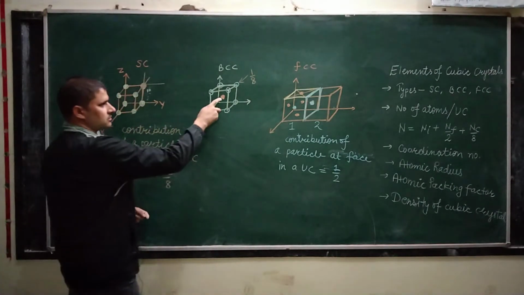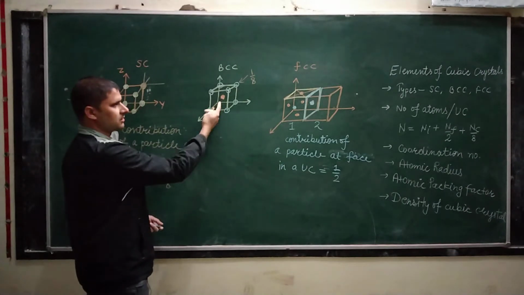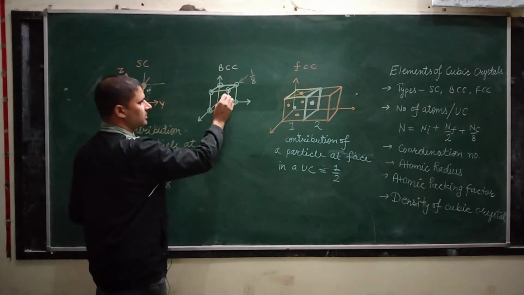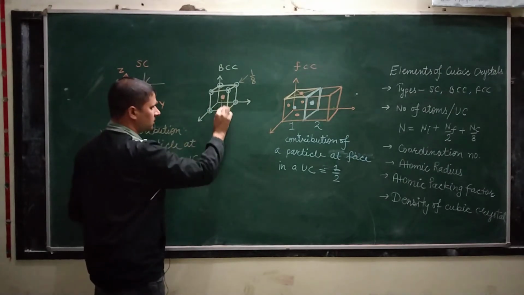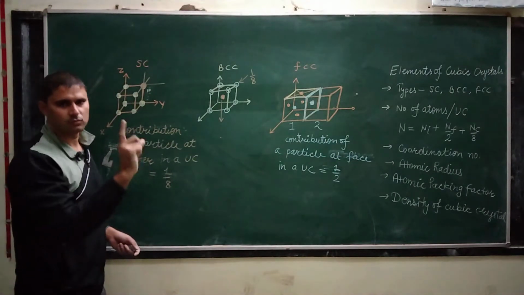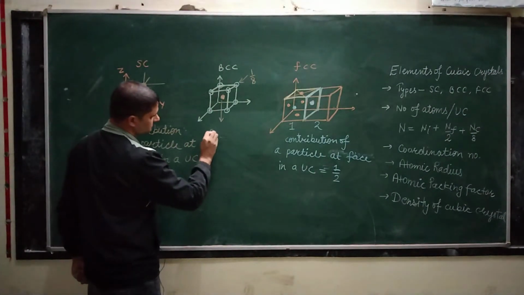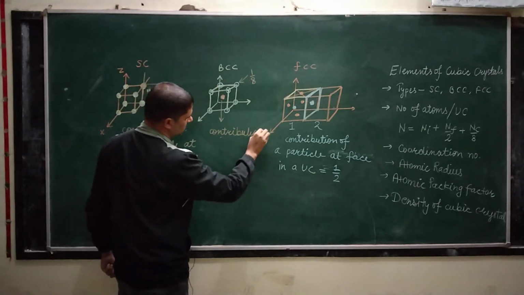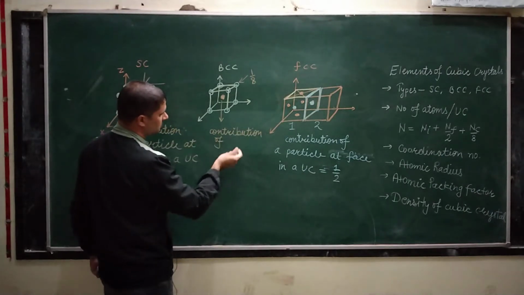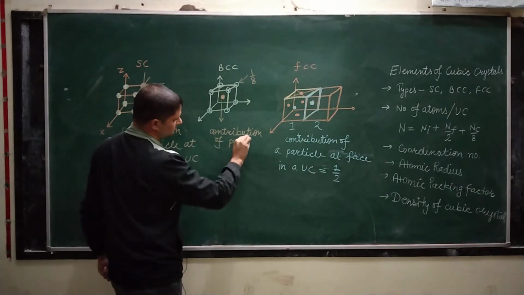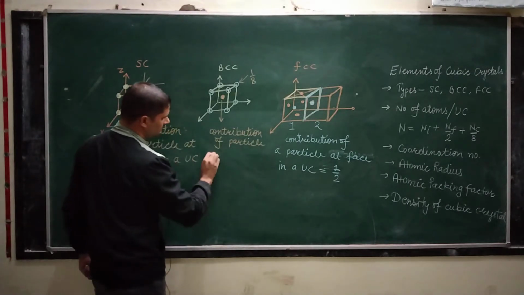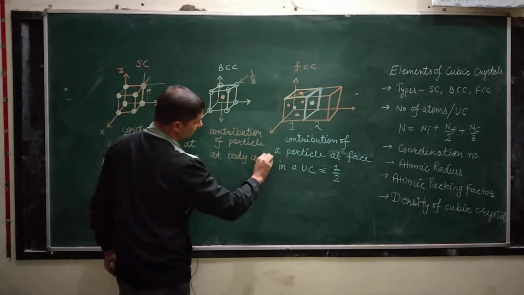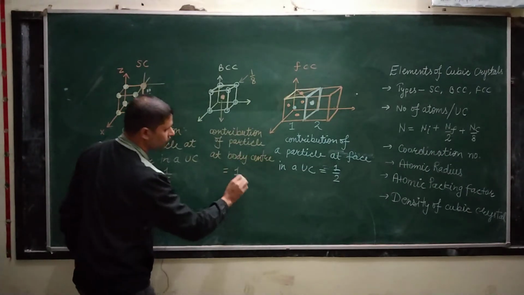And this pink colored particle is totally inside the body of the unit cell, so it is not shared by any other cell, and its contribution will be 1. So I will write here the contribution of a particle at body center is equal to 1.